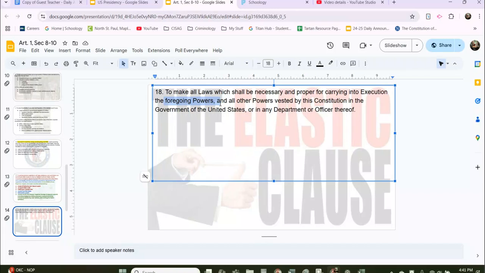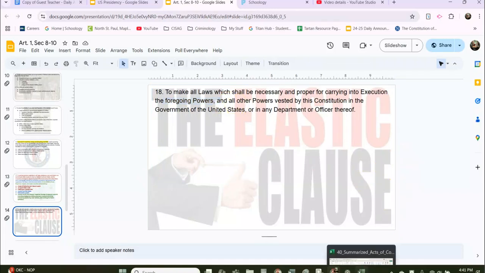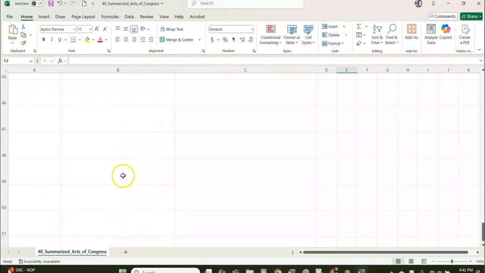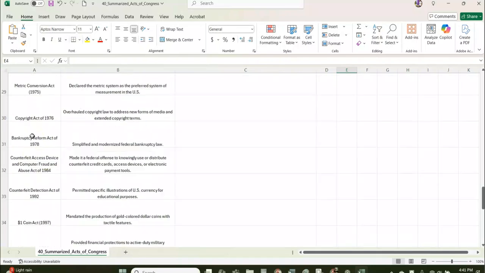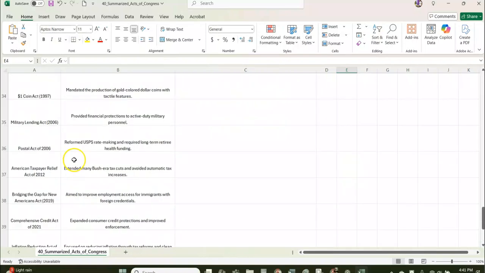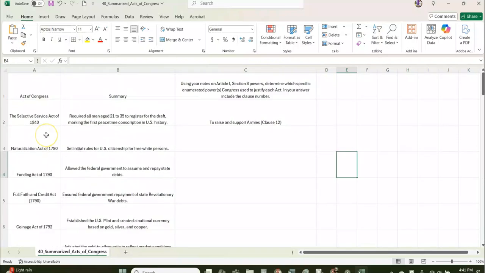Okay, so I wanted to make sure we went over that one more time. Now, today you're going to be working on an assignment that is going to look somewhat similar to this. And what you're going to find is that down the left-hand column, you are going to have 40 different acts of Congress. 40 different laws that, over the course of anywhere from 1790 all the way through 2023, Congress has made.